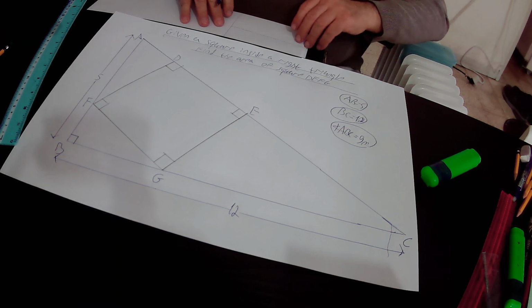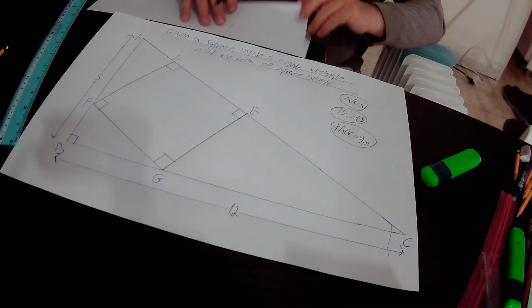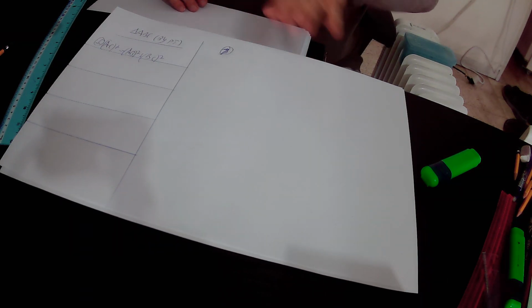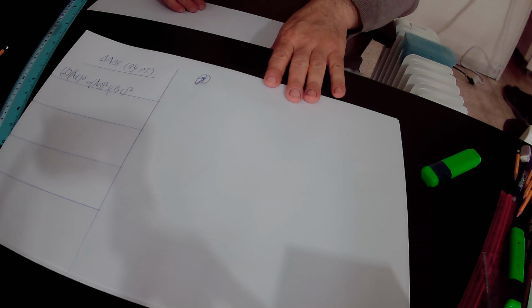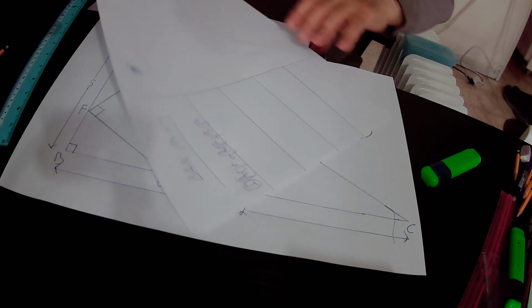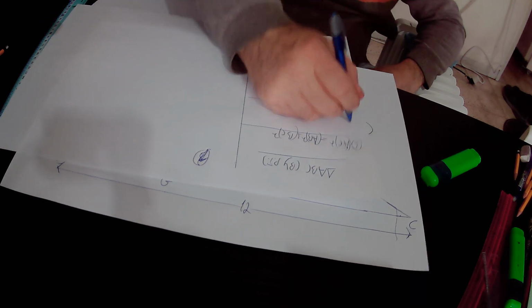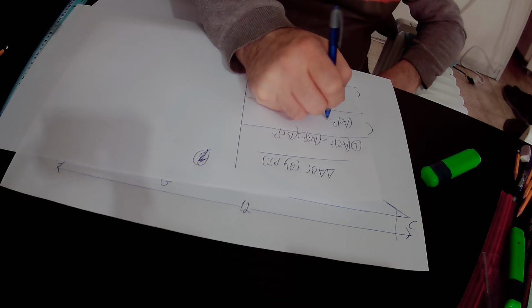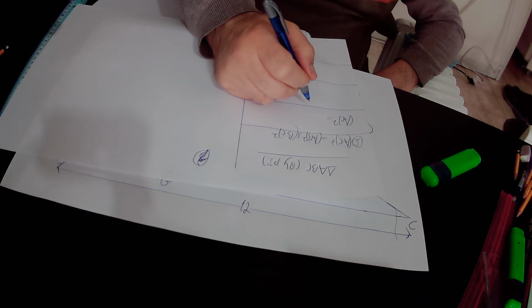Again, in the right triangle ABC, according to the Pythagoras theorem, AC square equals AB square plus BC square. So AC square, the square of the hypotenuse, equals AB square.